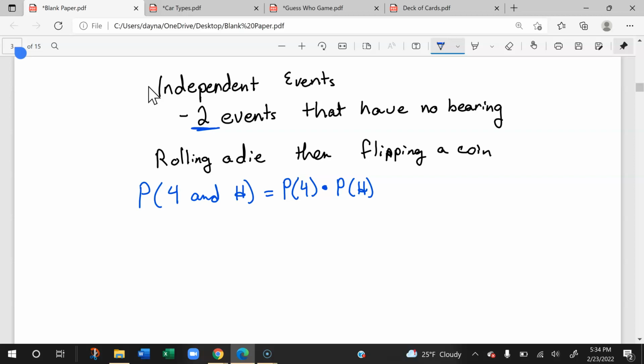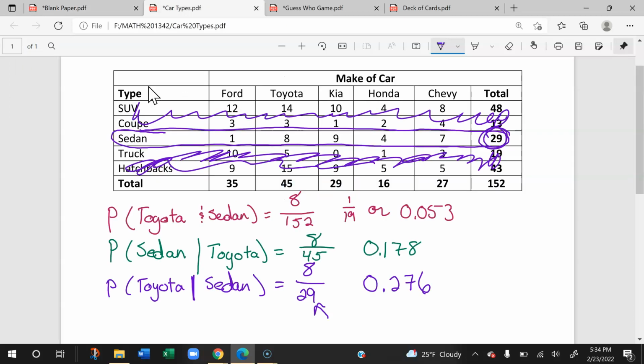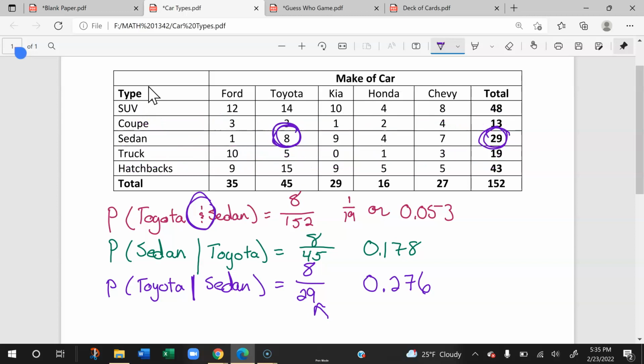If you recall earlier, when we did ands, like this one right here, we looked at only the intersection. We did not do any type of multiplication. So I'm going to tell you right now, if you have a chart like this, a contingency table, you're never going to multiply unless you pick two separate cars.